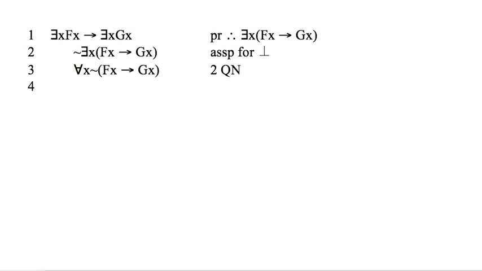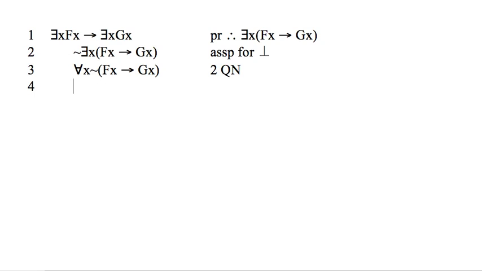Instantiate to what, though? Well, you'd only instantiate to a variable, to a free variable, if you were trying to prove a universal and you knew what universal you were trying to prove. There's no obvious reason here to try to prove a universal, so instantiating to a free variable, which would cause you to have to indent and deal with the UG rule, doesn't seem like a good idea.